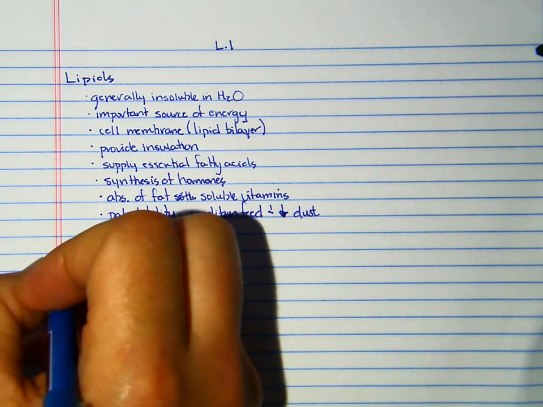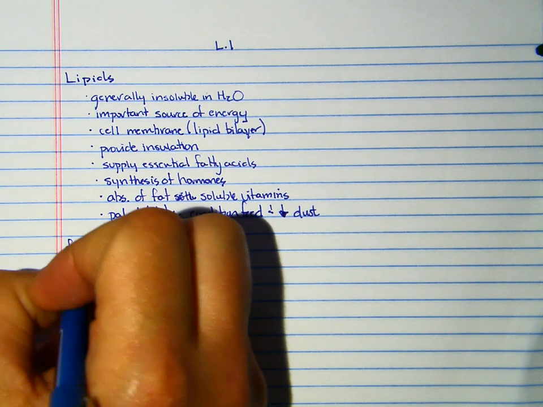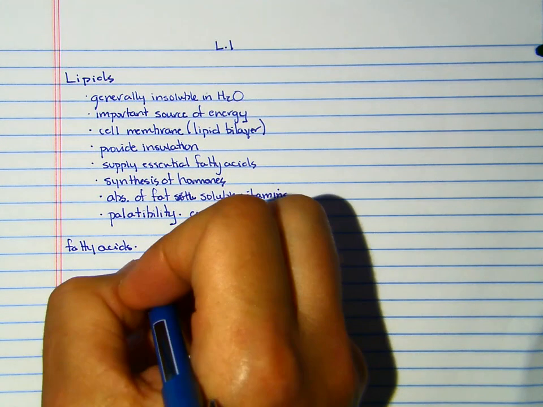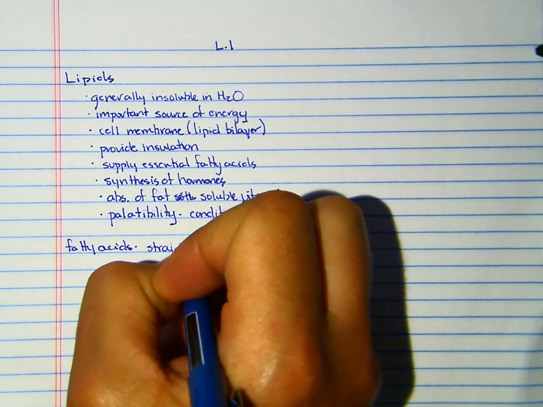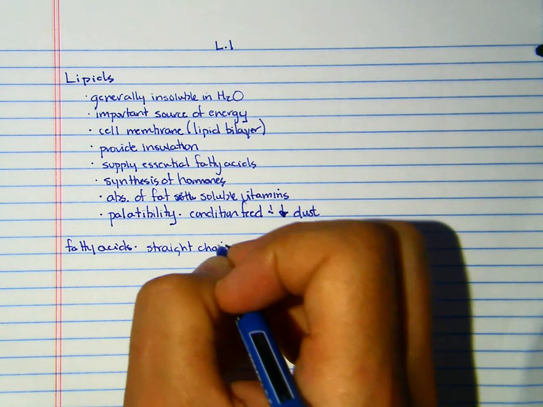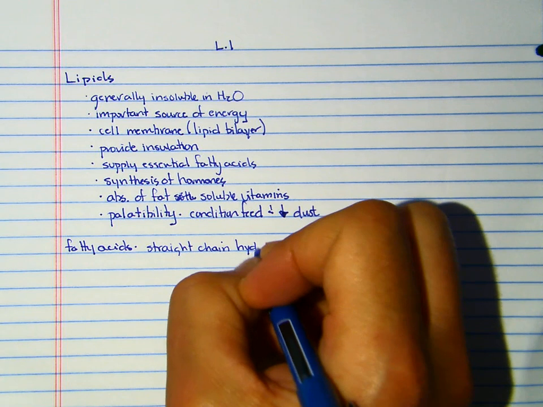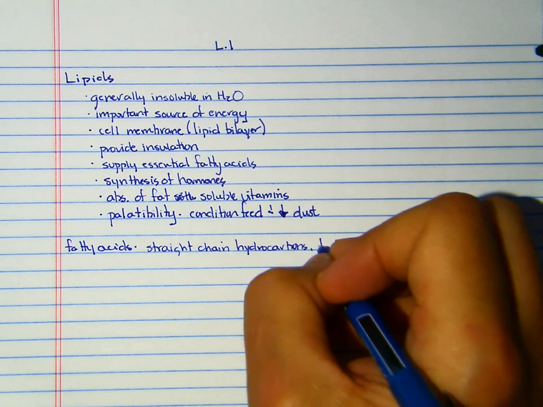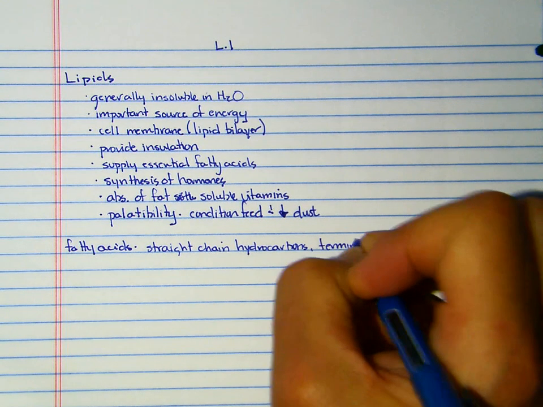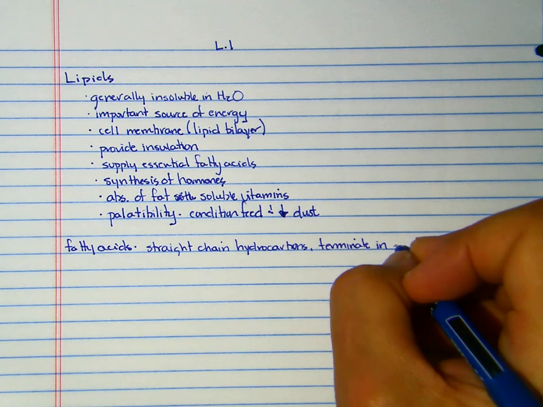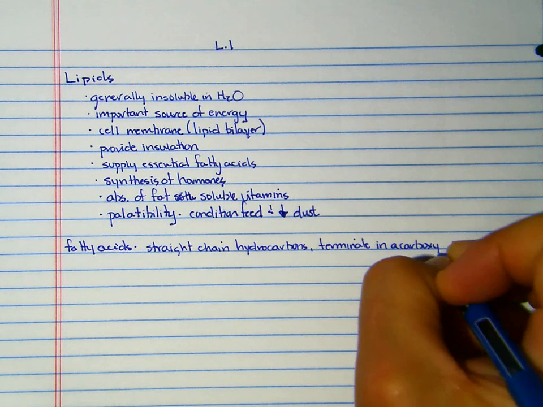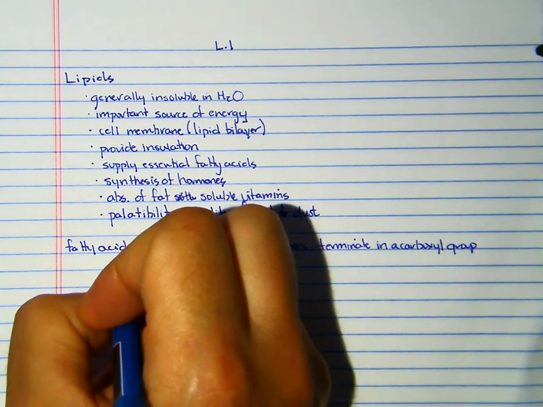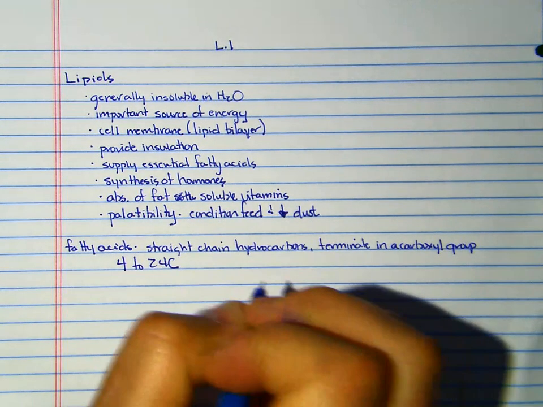Okay, what we're most interested in is fatty acids. And fatty acids are straight chain hydrocarbons. They terminate in a carboxyl group. They are from 4 to 24 carbons.